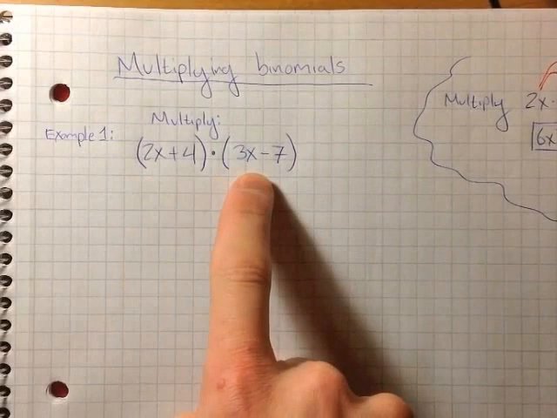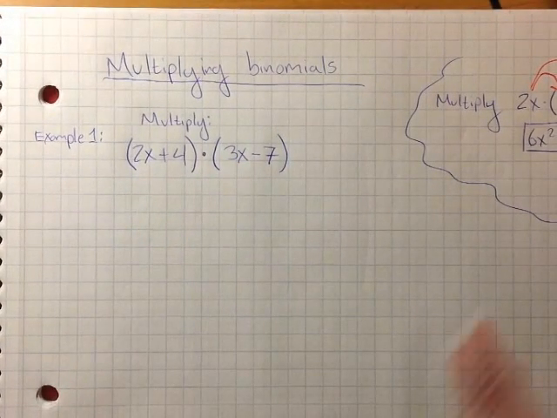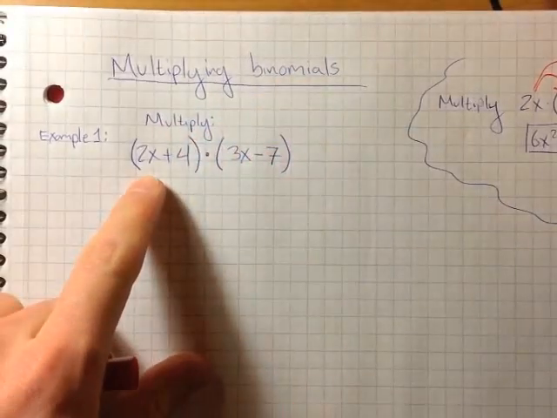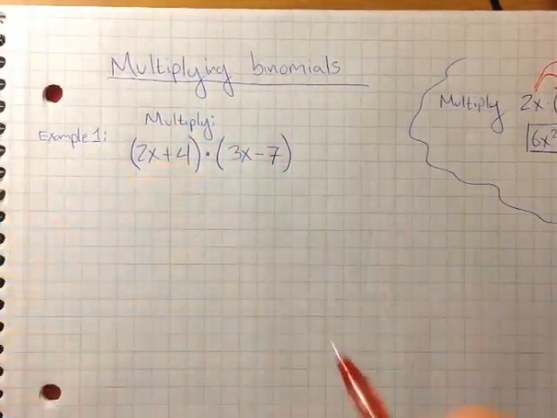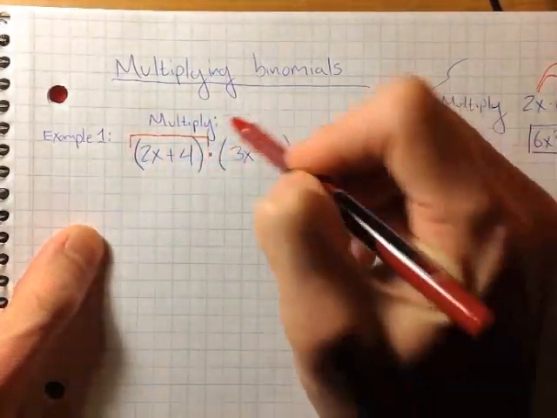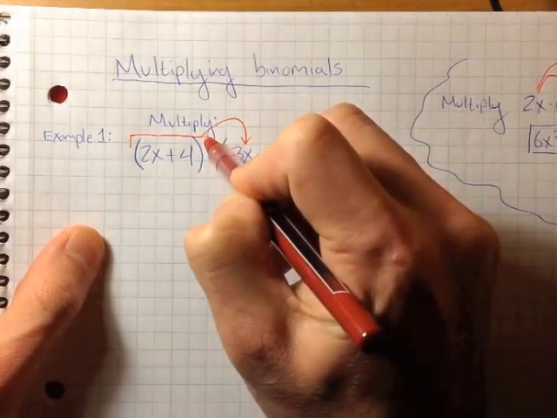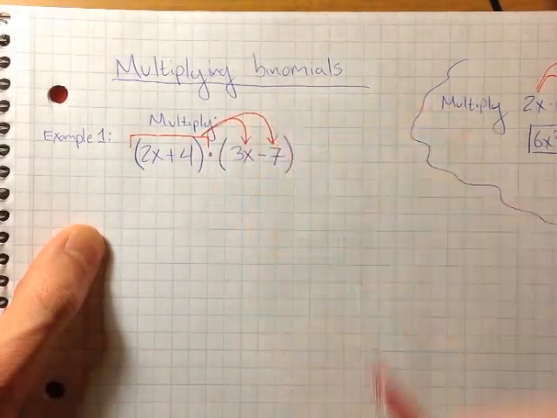So over here, the first thing that we can do is distribute. Now, in this case, it's going to be a little bit weird because we are taking this whole thing in parentheses and we are distributing it to the 3x and to the negative 7. Okay?